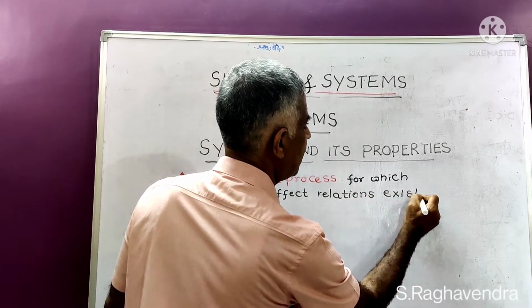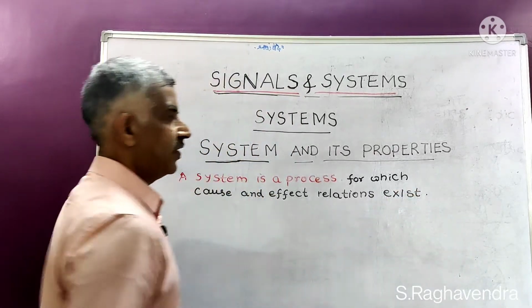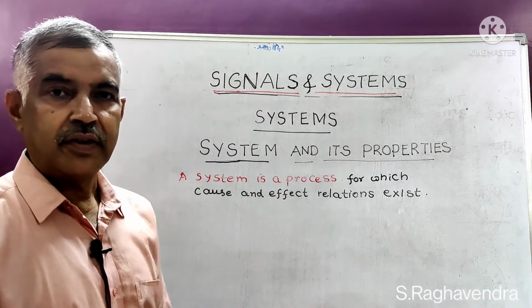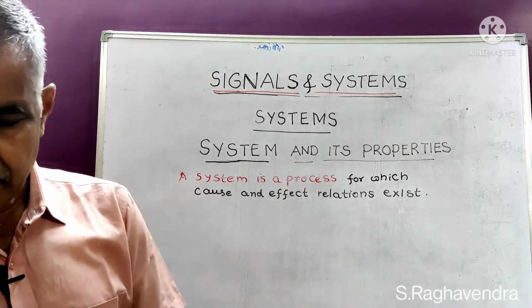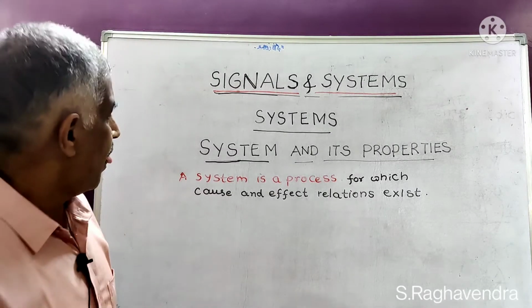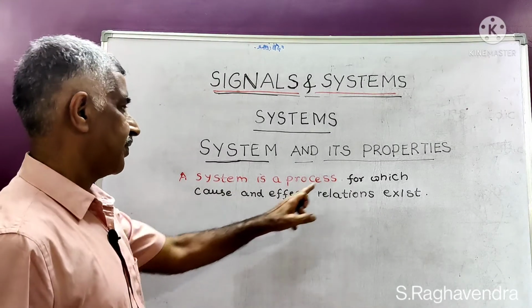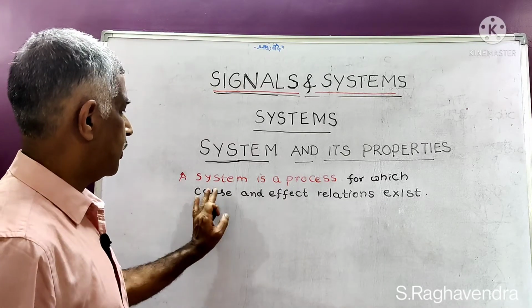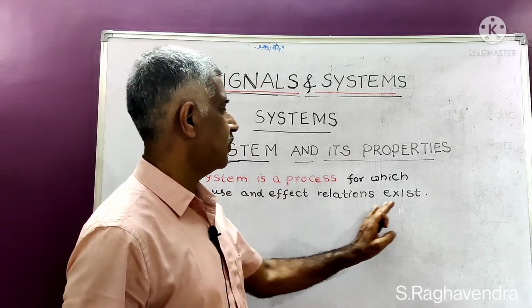So this is the definition of a system. You try to understand the system. I will give examples. A system is a process for which cause and effect relations exist.